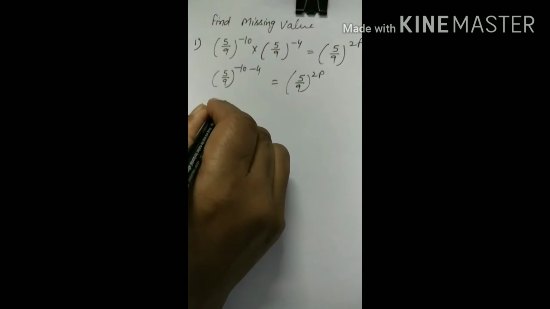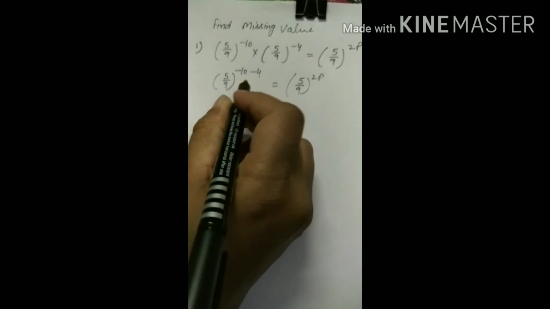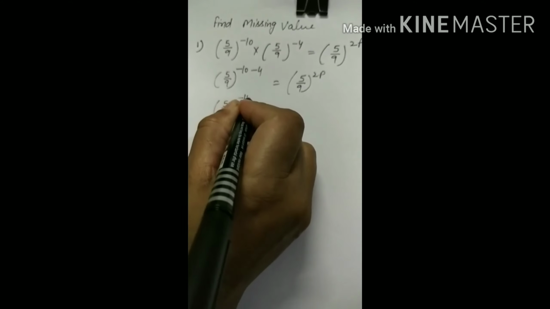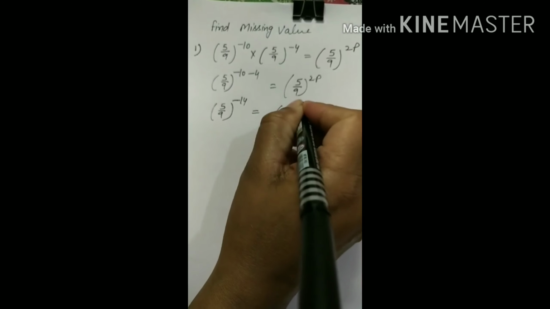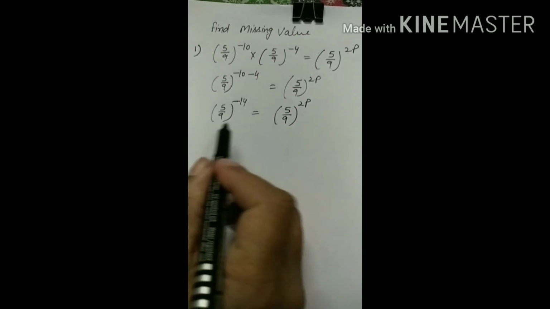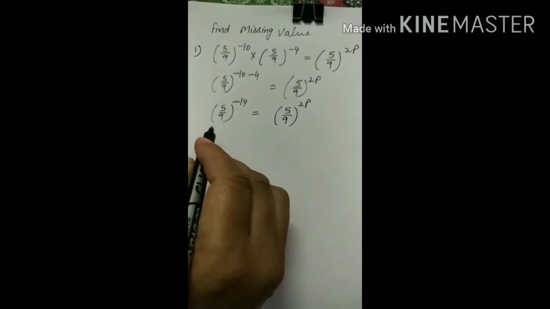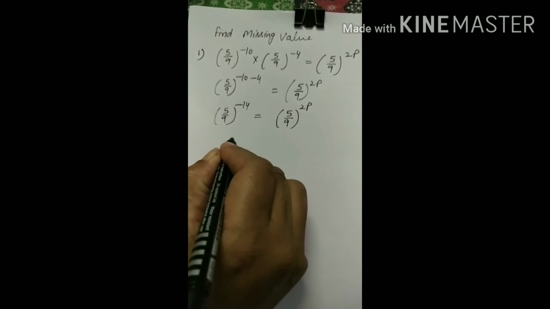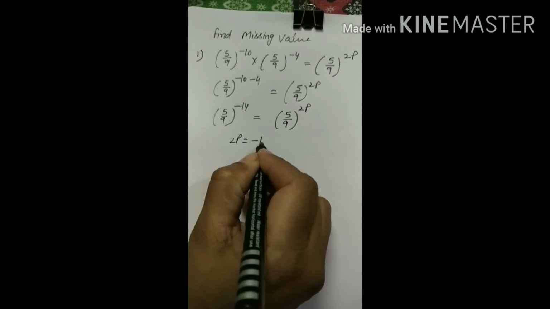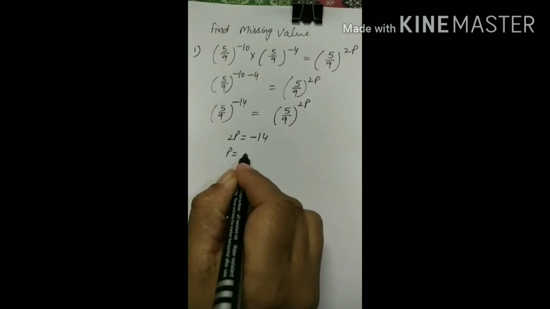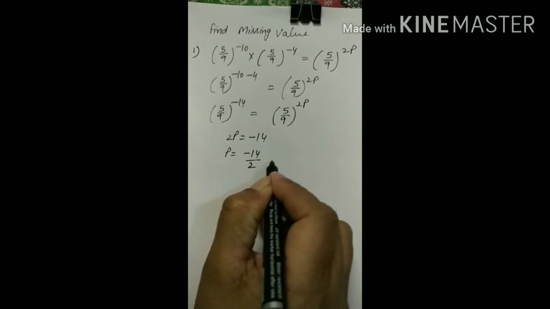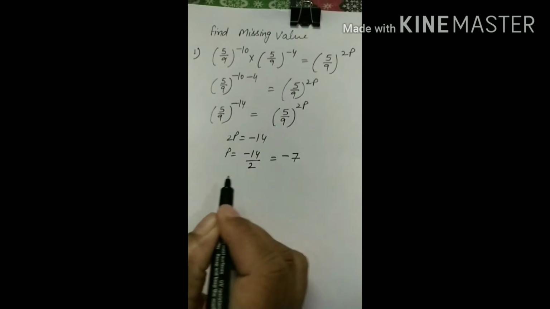By adding minus 10 and minus 4, we get minus 14. Now both sides have the same base, that's why the powers will also be the same. So 2p is equal to minus 14. So the value of p is equal to minus 14 upon 2, which is minus 7.